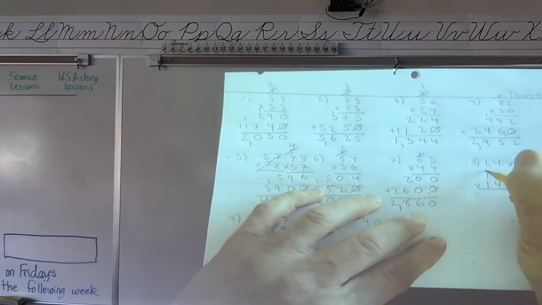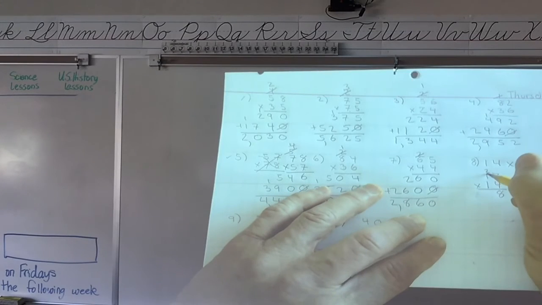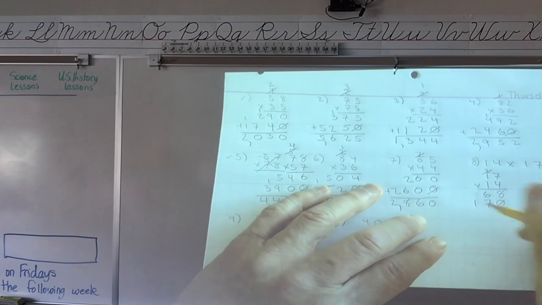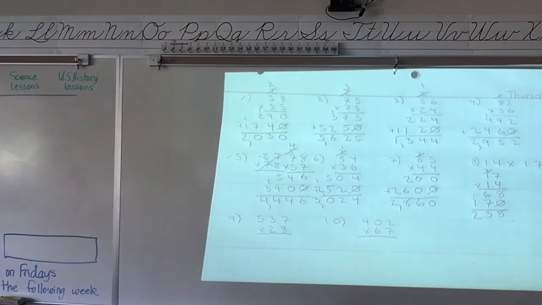So I'll go 4 times 7 is 28, 4 times 1 is 4, 5, 6, 1 times 7, oh, gotta do the shift thing. 1 times 7 is 7, 1 times 1 is 1. So I get 8, 13, I get 238.